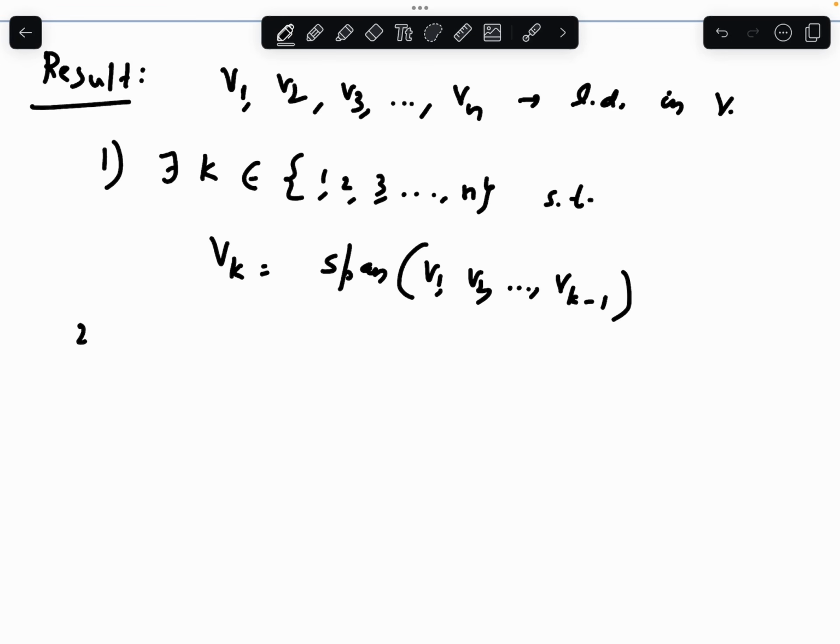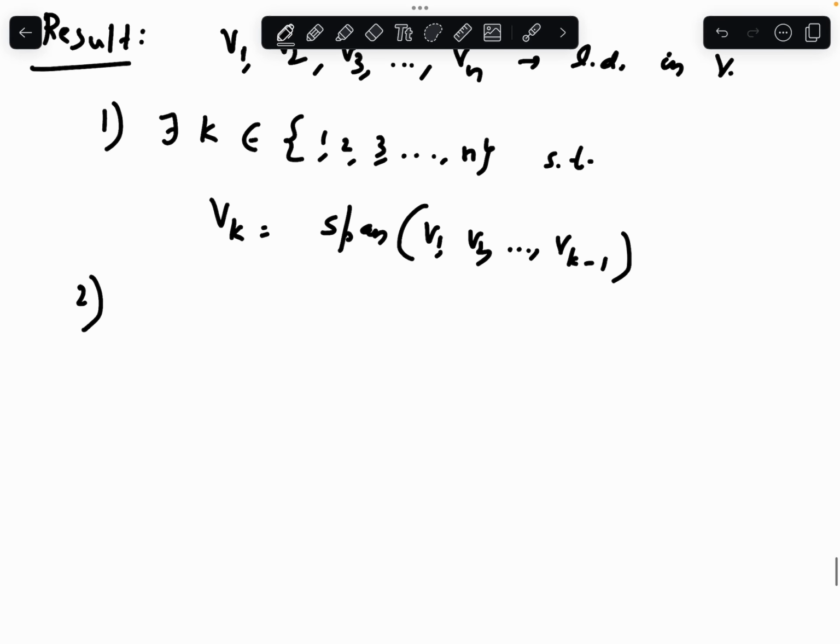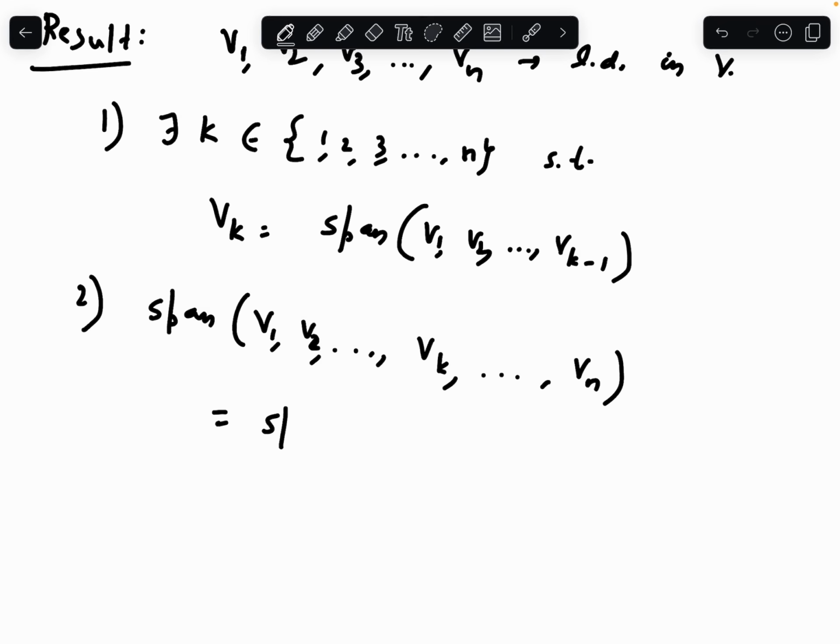And the second thing is, if you remove this vk, then the span doesn't change. That is, the span of v1, v2, ..., v(k-1), vk, ..., vn: remove this vk and still the span will remain the same.